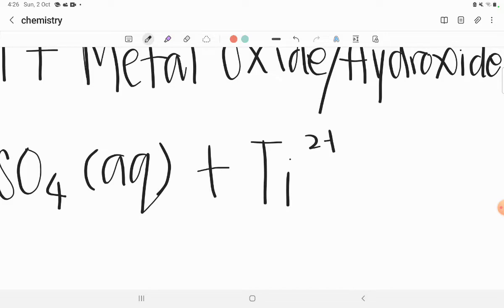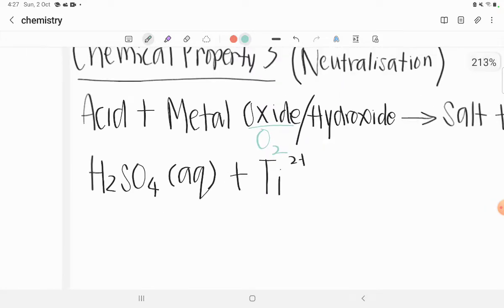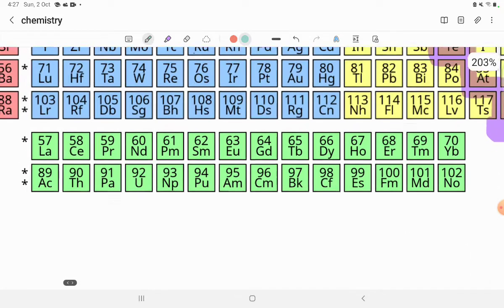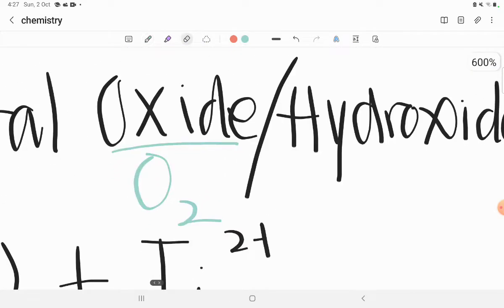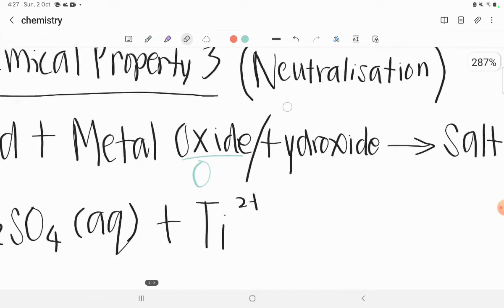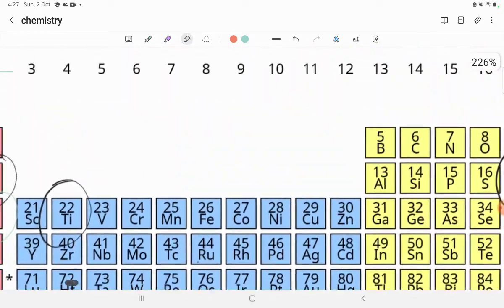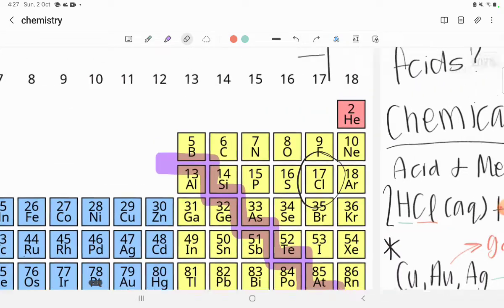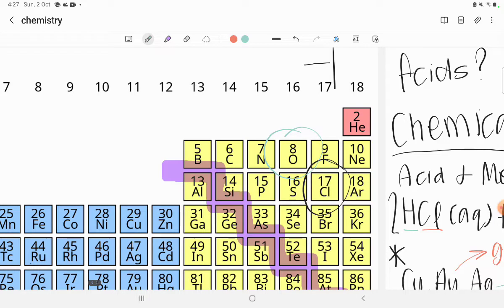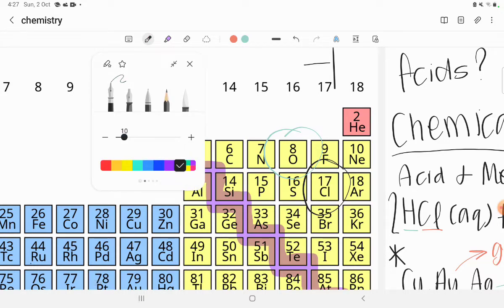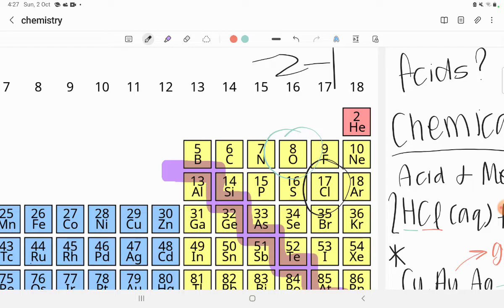So metal oxide is basically O2, right? No. Oxide isn't O2. Oxygen is O2. I'm tripping. Okay, where is O? O is over here, and O has a charge of -2, since it's in this group.